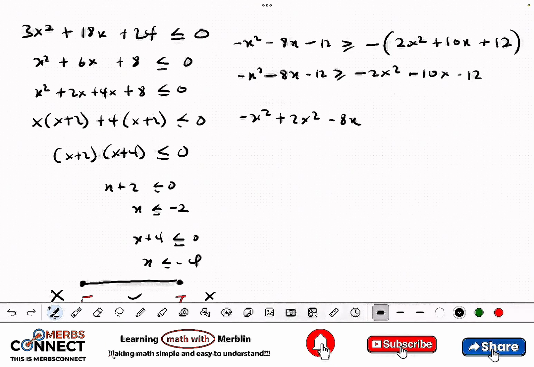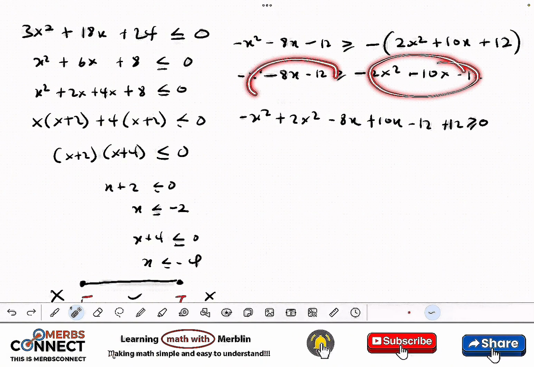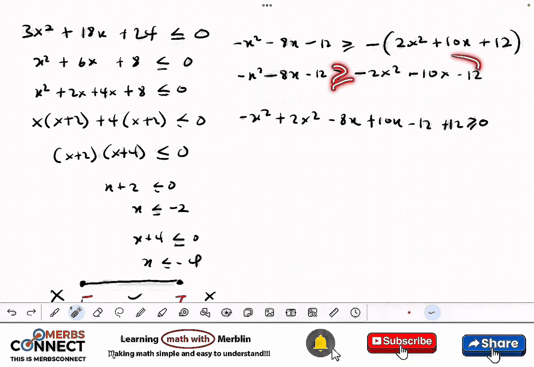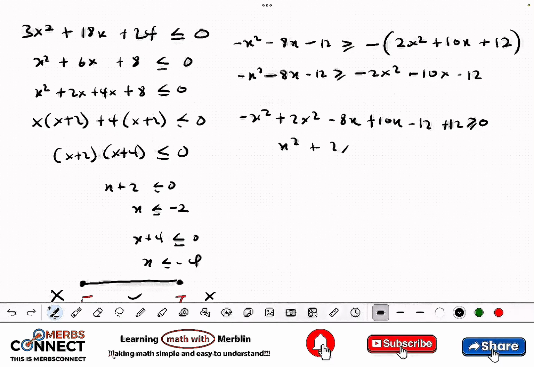When I move the minus 10x, I'm going to have plus 10x, minus 12, and when I move the minus 12, I'm going to have plus 12, which is greater than or equal to 0. Right? So I move all this to the left, nothing will be on the right, so 0. When I simplify, I'm going to have x squared plus 2x, and 12 minus 12 will be 0. So this will be greater than or equal to 0.